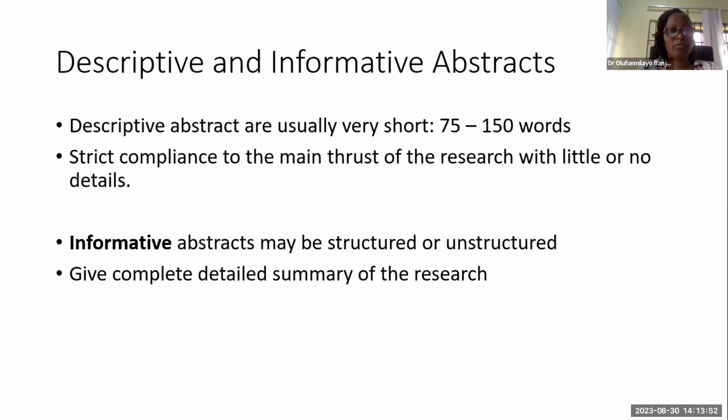The descriptive abstracts are usually very short, between 75 and 150 words, and must abide by strict compliance to the main thrust of the research, with little or no details, just straight to the point. I think I've shared some illustration in the previous presentation. The informative abstract may be structured or unstructured and must give a complete, detailed summary of the research.